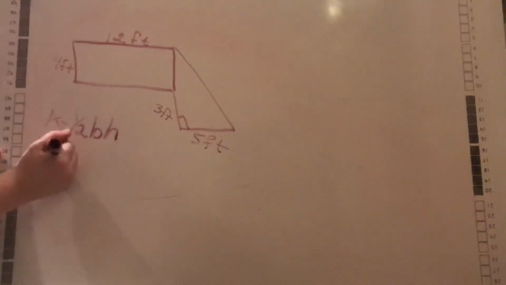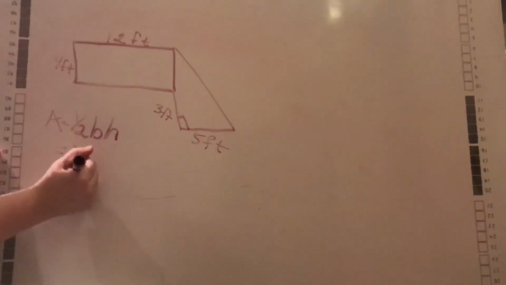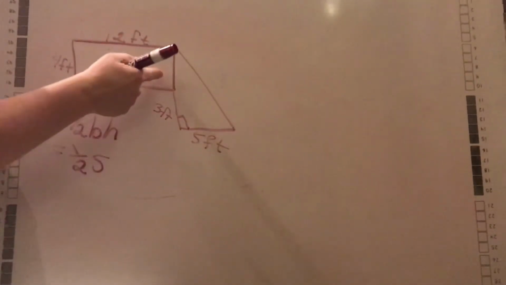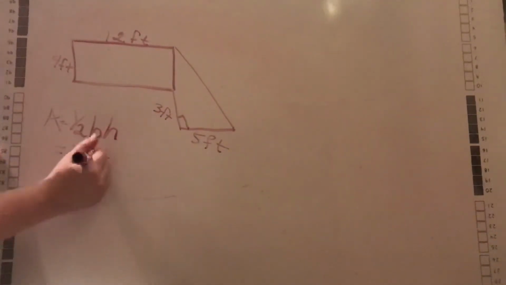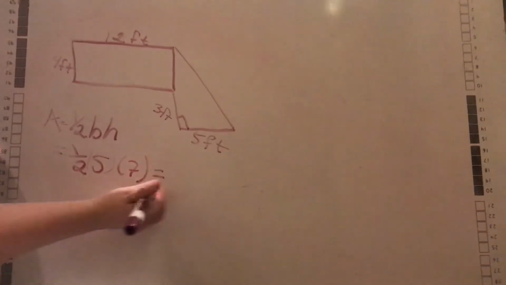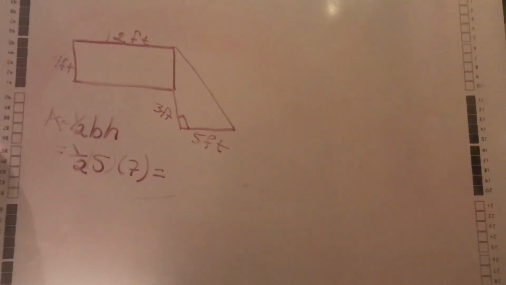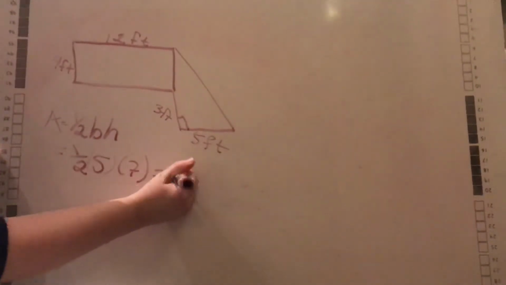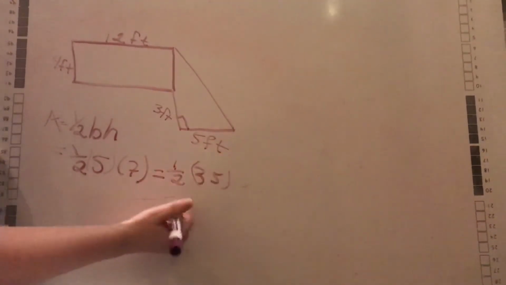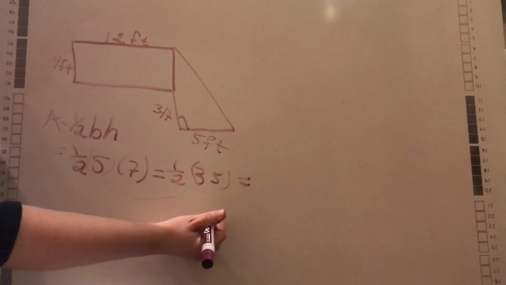And so for this, that's going to equal 1/2 times 5, and then our height is 3 plus 4, so that's going to be times 7. And so that's going to give us 35, so it's going to be 1/2 times 35, which equals 17.5.